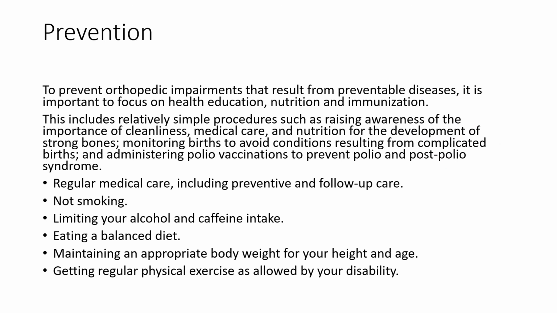How can we prevent orthopedic impairment? The preventions are as follows. To prevent orthopedic impairment that results from preventable diseases, it is important to focus on health education, nutrition, and immunization.